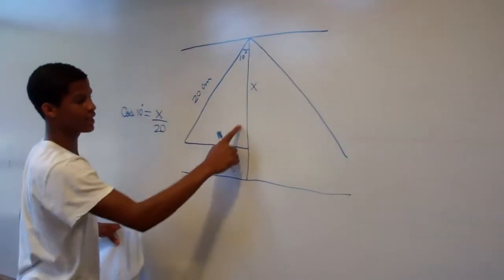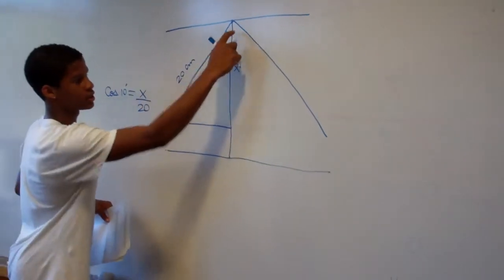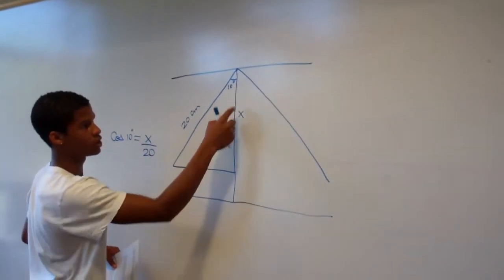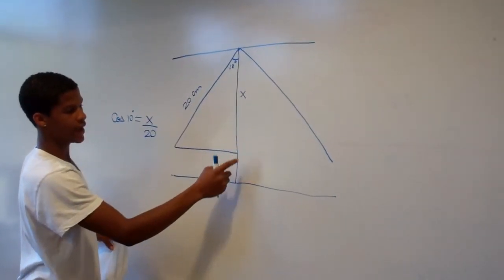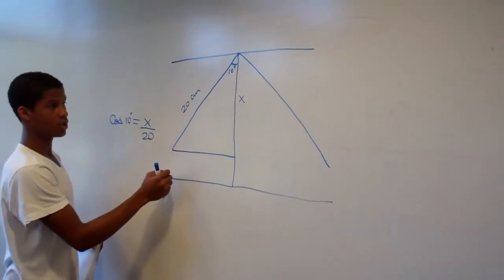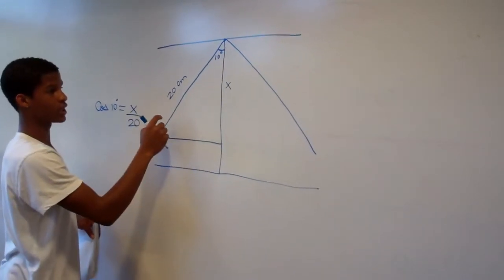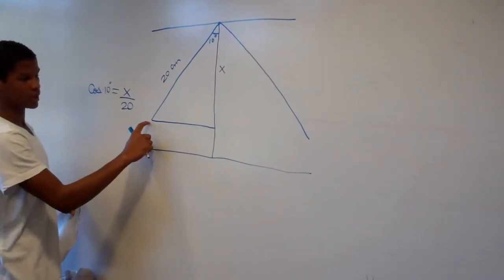And we're trying to find this side so we can subtract it from 20, and we know what the height is going to be.